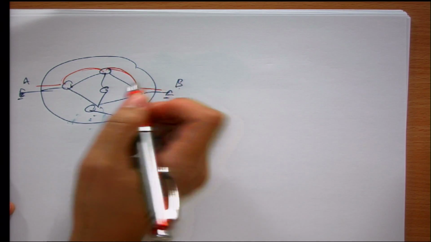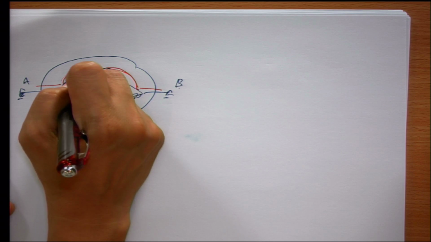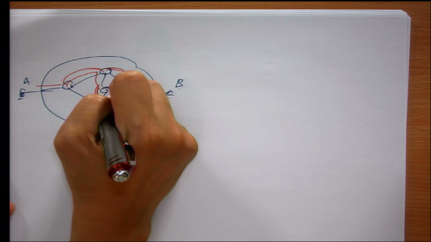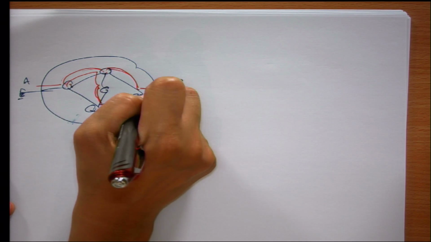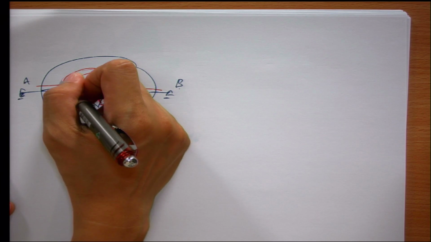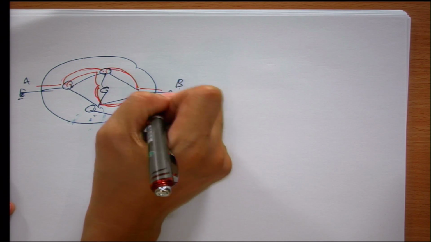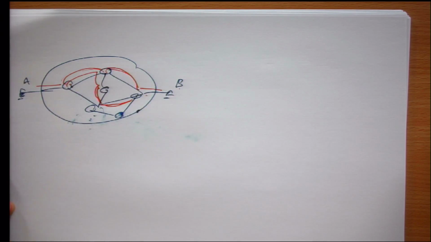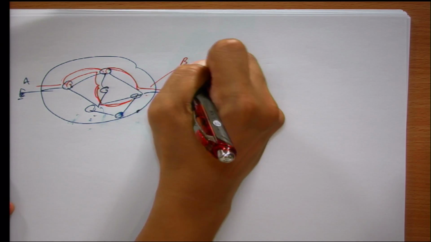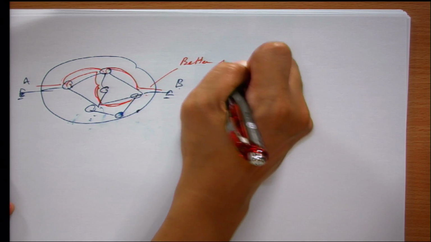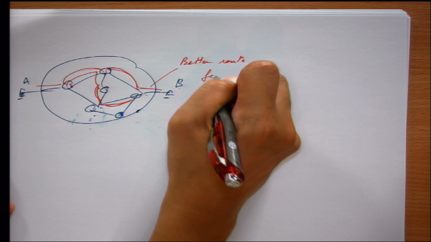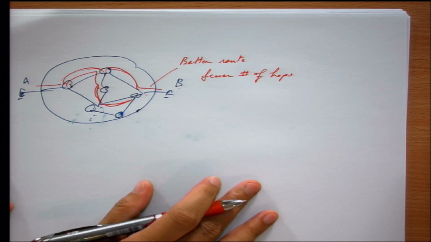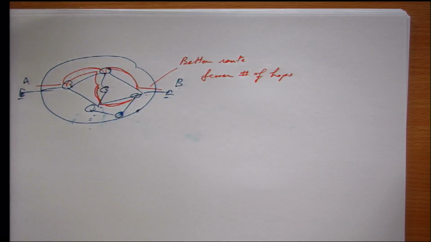But if you go this way, 1, 2, 3, 4, then you have 4 hops because you visit 4 nodes. The other path is 1, 2, and then arrive, or 1, 2, 3, and then arrive. So this one is the better route in terms of hops, fewer number of hops. So you can also minimize like that.